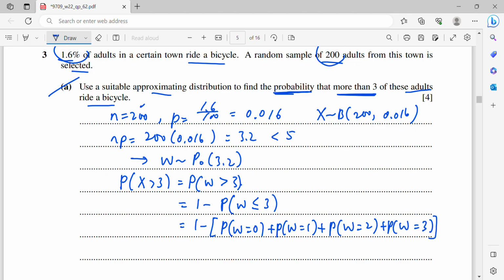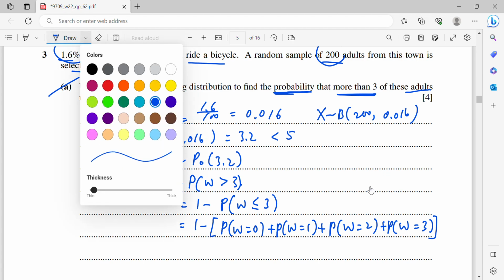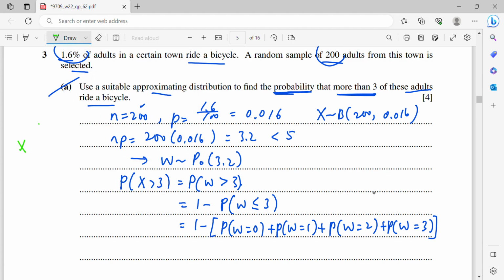Alright, so for information, when it is Poisson distributed, let's say X is Poisson(λ), then P(X = x) is going to be e^(-λ) λ^x over x factorial. So our variable is x, which means e^(-λ) is a constant. For all these probabilities, P(W = 0) until P(W = 3), I can factorize the exponential.